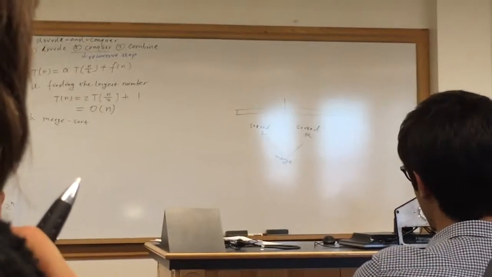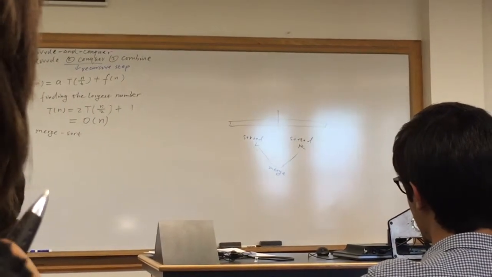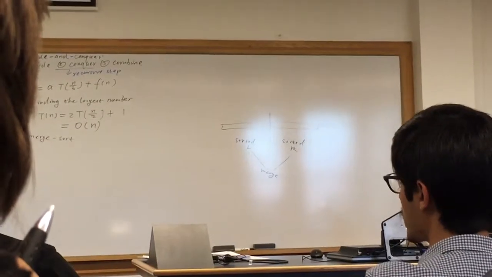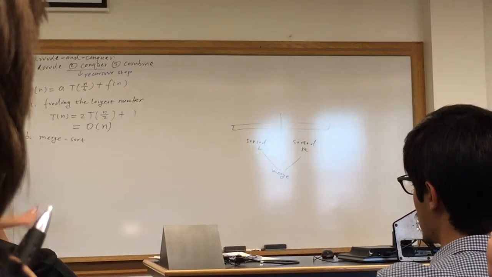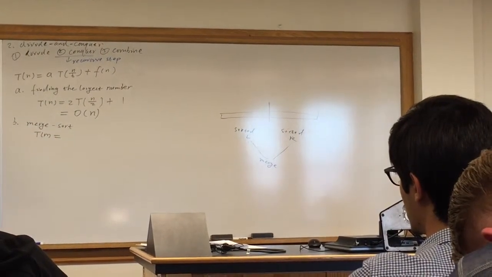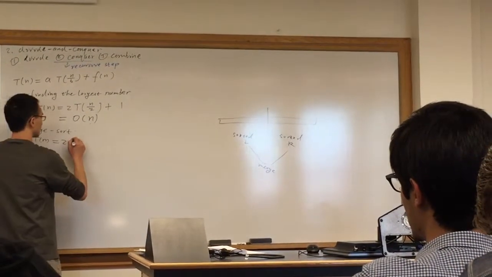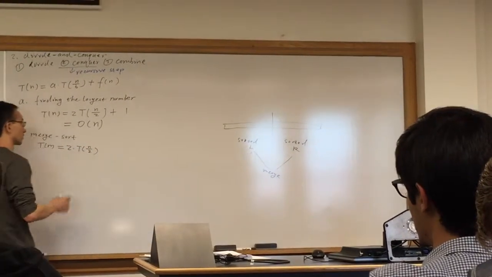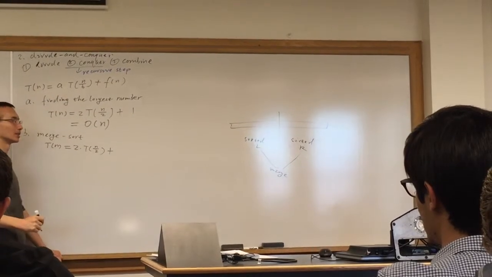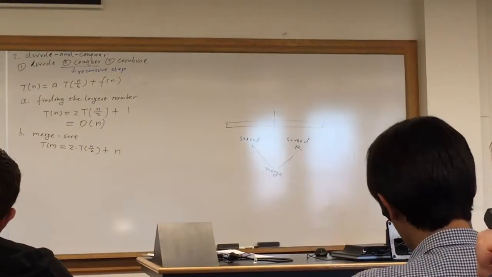To do the merge, we take the first element from each sorted list, compare which one is smaller, and then take the next one and the next one. That takes linear time, so the recurrence is T(n) = 2T(n/2) + n, because we still have to solve two problems with input size n over 2, plus n, because we need linear time to merge the two sorted lists.